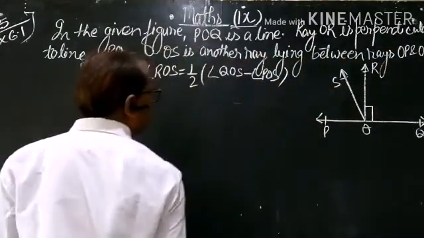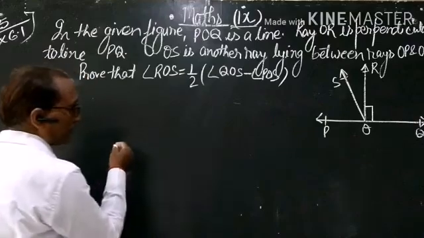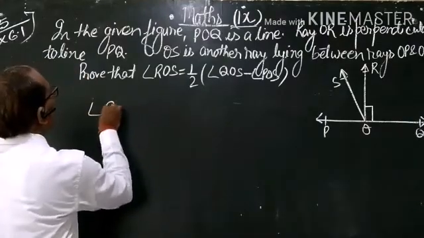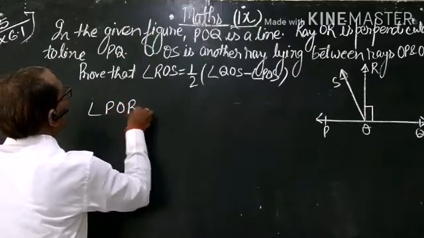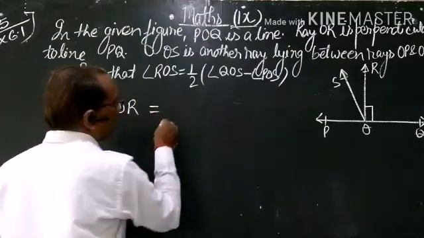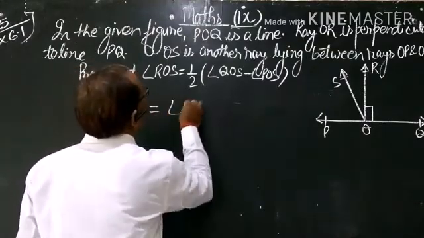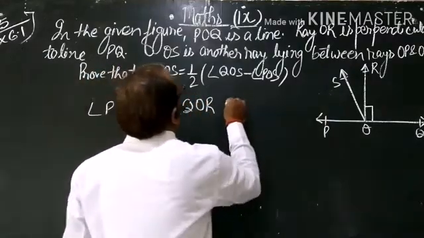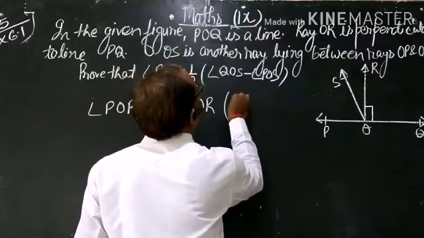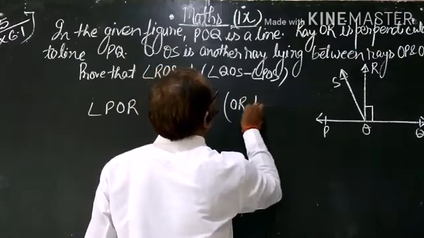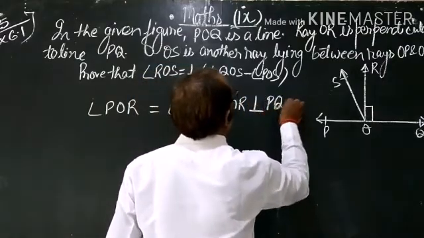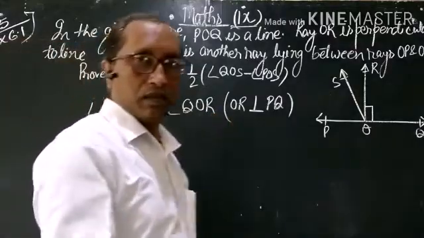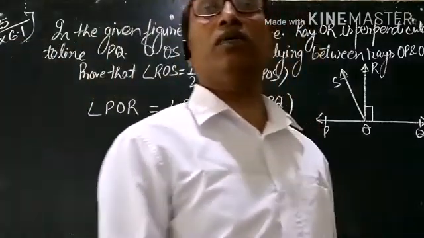First of all, you write angle POR is equal to angle QOR, in the bracket OR perpendicular PQ. Therefore, these two angles are equal to each other.